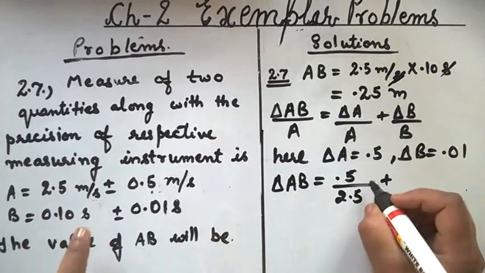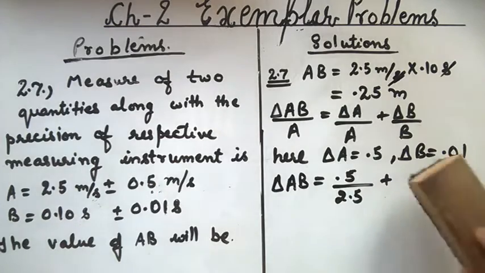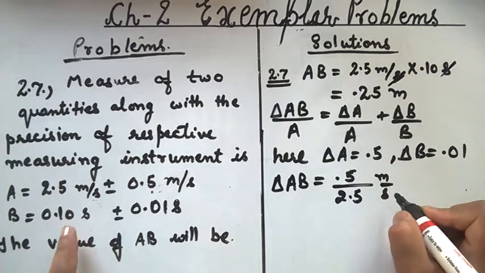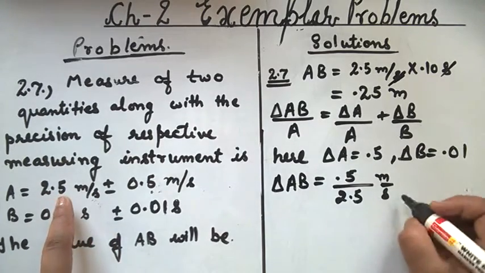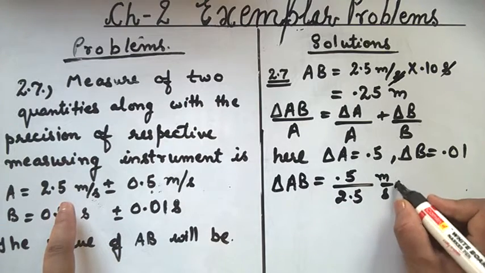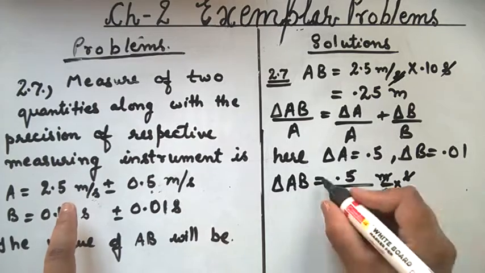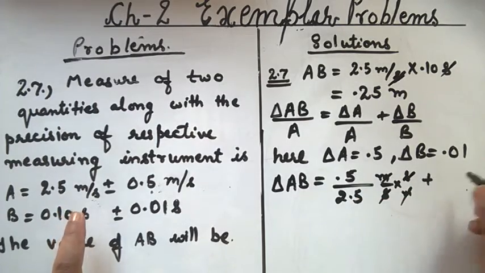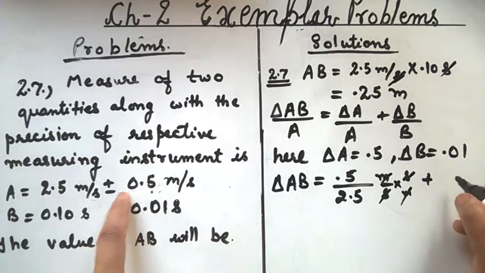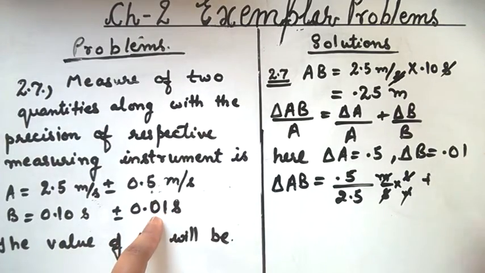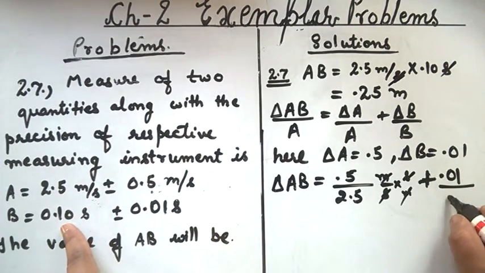Here 0.5 is in meter per second and 2.5 is in meter per second, so this term is unitless, and the other term is also unitless.